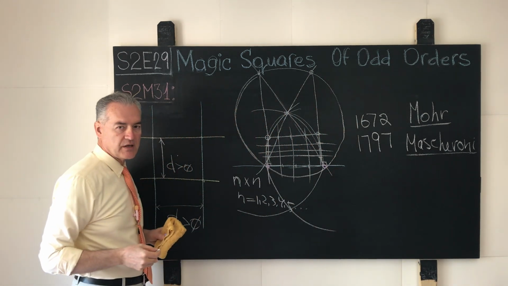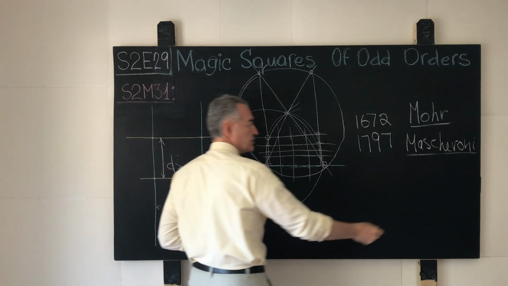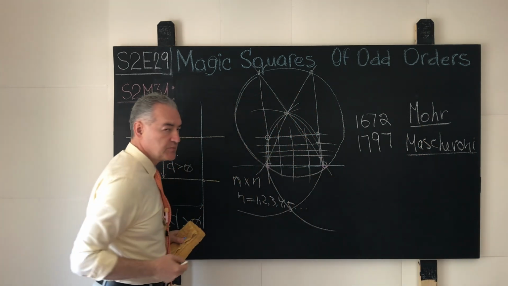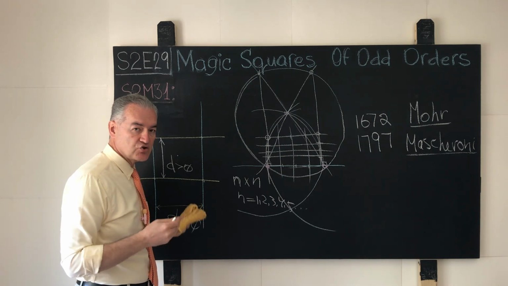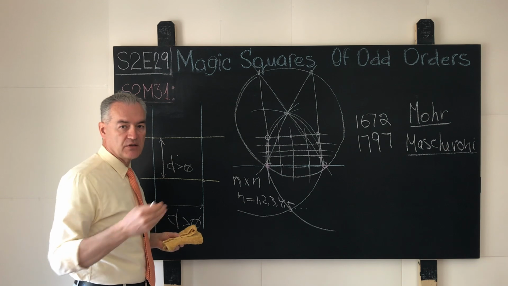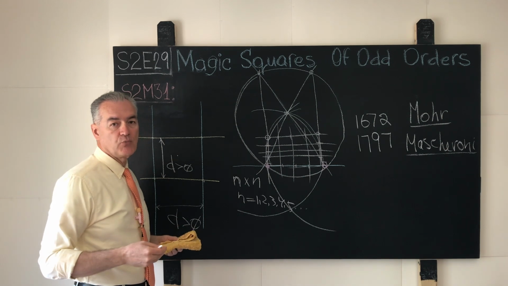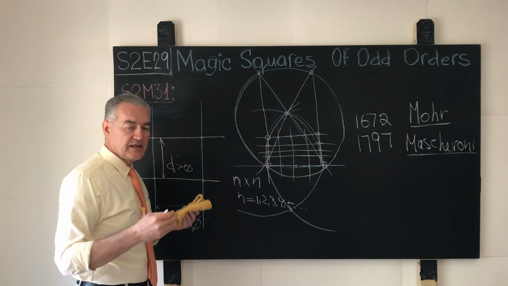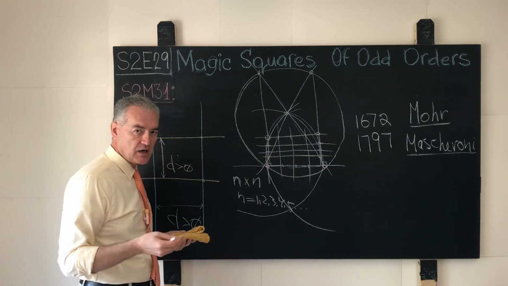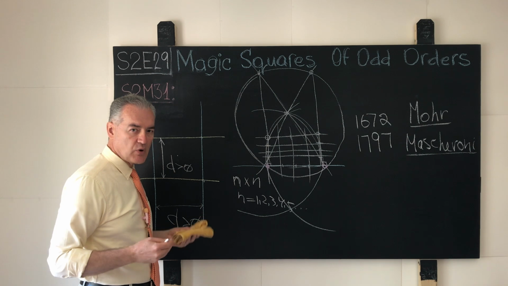Now the theorem carries the name of both of these mathematicians, Mohr and Mascheroni, and that theorem states precisely that any construction that can be carried out with the Euclidean straight edge and compass can be carried out with a compass alone. Yes, admittedly, in practice, these constructions with a compass alone become quite involved.